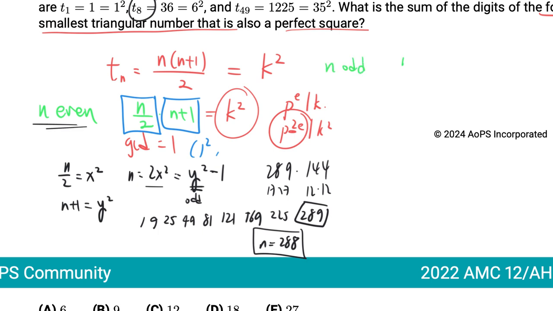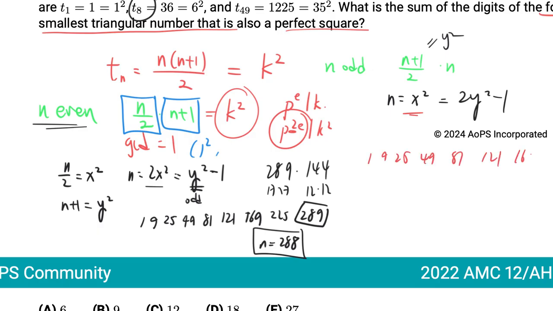So this is a very similar case, and basically we can reach the same conclusion for these two. And we notice that here n is either a square or this is a square, which would give 2y squared minus 1. So then we can just list down all the odd x squared. So again, as we did here, we can check if each of them is one less than double of another square.